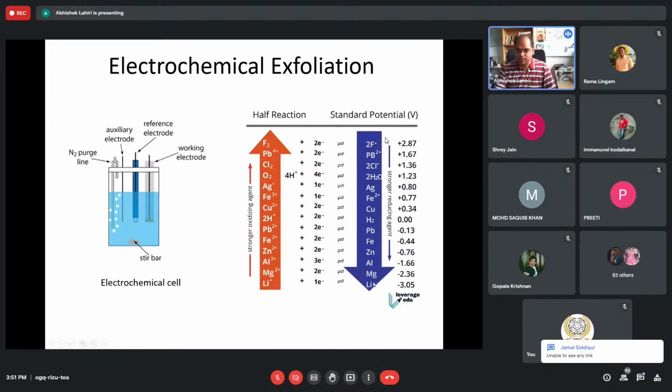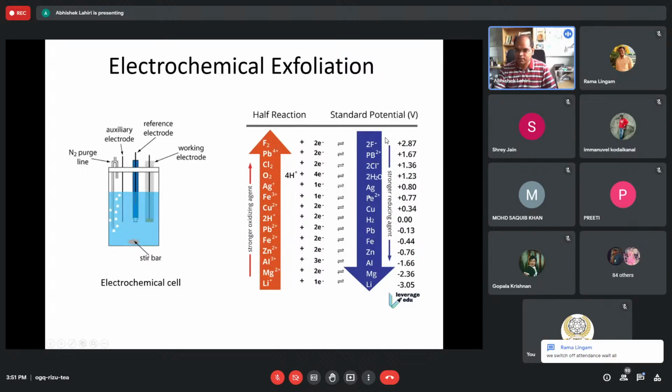For example, lithium is a very highly reactive metal, and it has a potential of 3 volts. Therefore, the battery in your mobile phone has a maximum of 3 volts. You only have to stack the batteries in series to improve the voltage, to get 9 volts, 19 volts for a laptop, and things like that. So lithium is very reactive, therefore it sits at the bottom of the electrochemical series.